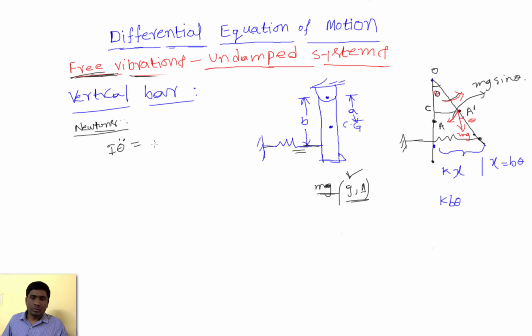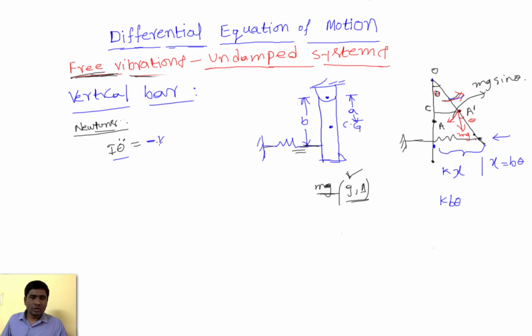This is moving in this direction, but this force is acting in this direction because the spring force is opposing the stretching, and in the same way the mg is also acting in this direction. So theta angular velocity is in the anti-clockwise direction, but the moment caused by the spring force as well as the mass is in the clockwise direction. So here we get a negative.